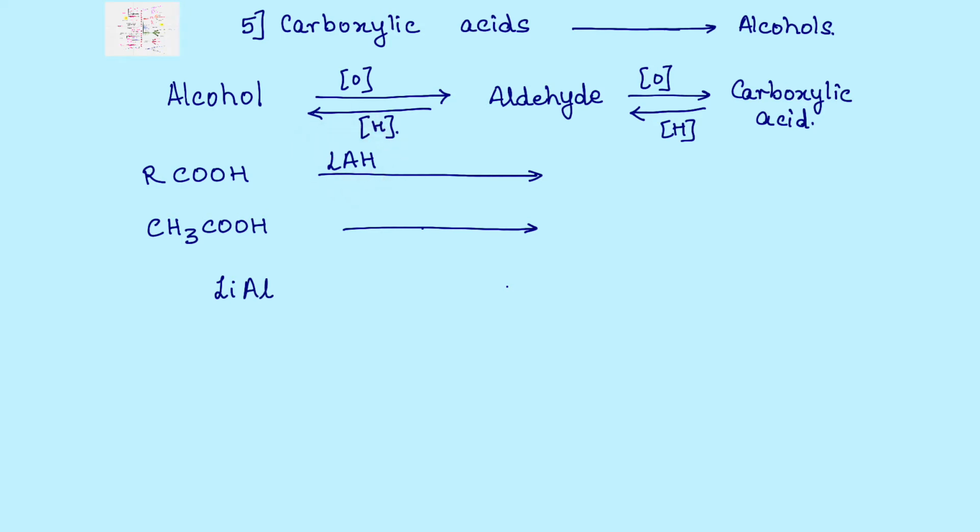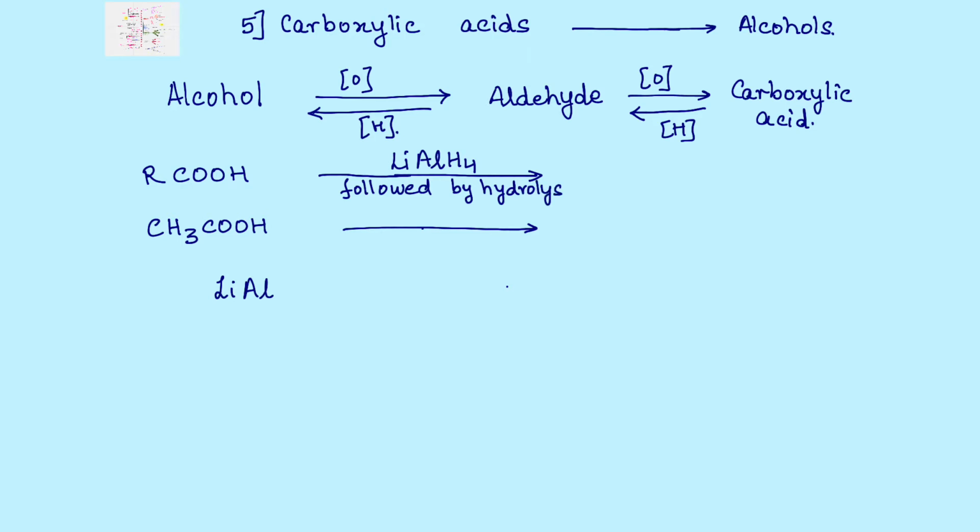You can also write it as LiAlH4. So remember the L capital, i small, a, l, H and 4 over here. So lithium aluminium hydride, and of course followed by hydrolysis, gives you alcohol.